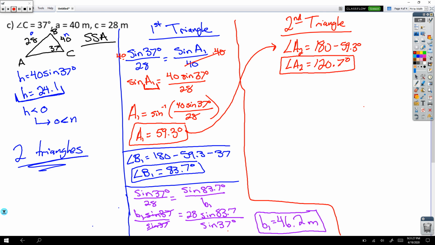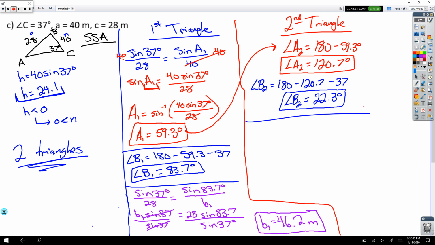Alright, now using the new angle A, we'll find B sub 2. So B sub 2 would equal 180 minus A sub 2, so 120.7, and then minus C, which stays at 37. So B sub 2 is now going to be 22.3 degrees. Now we just need to find side B for the second triangle. So again, I'm going to stick with my C's. Okay.